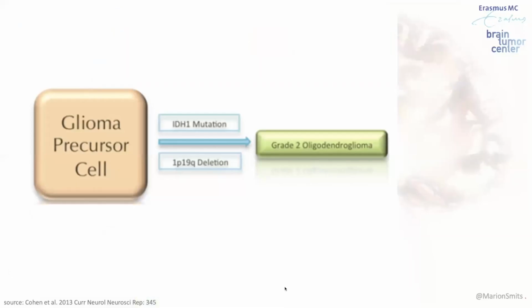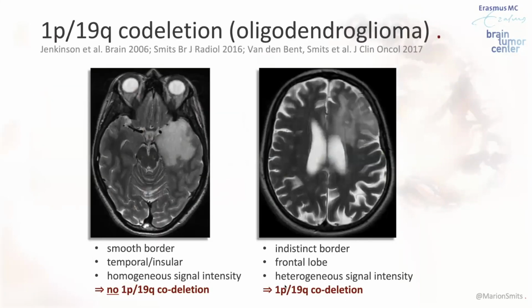So just some of the imaging features that we're looking at and some of the results that we have from our radiogenomics pipelines. These are a typical oligodendroglioma, so this 1p19q codeleted tumor, versus astrocytoma, so IDH mutated 1p19q intact. And you can see the difference.